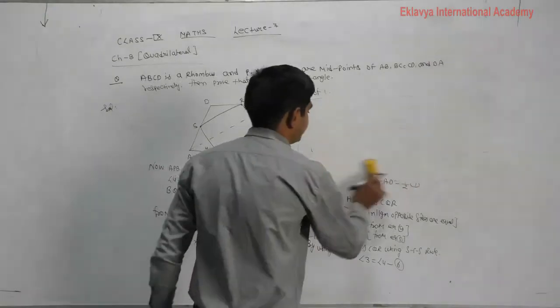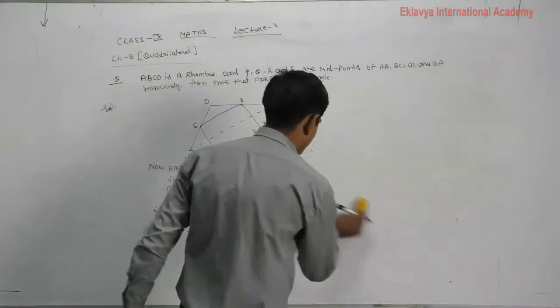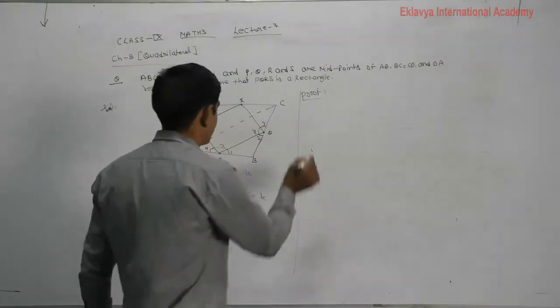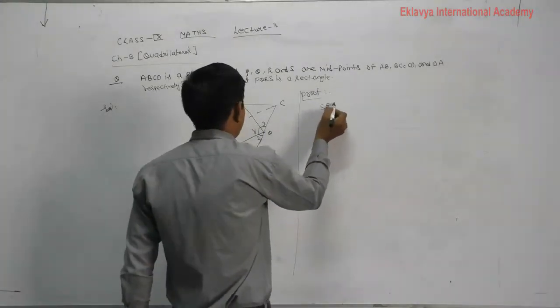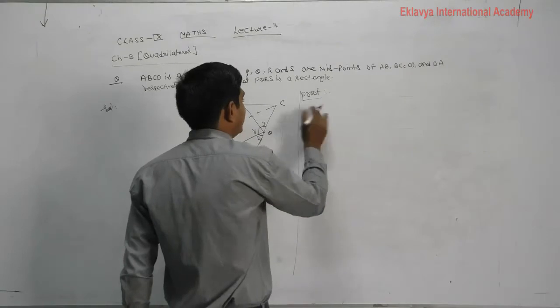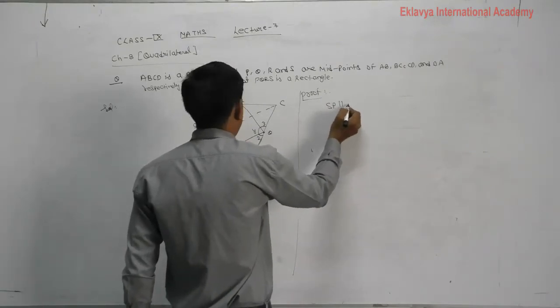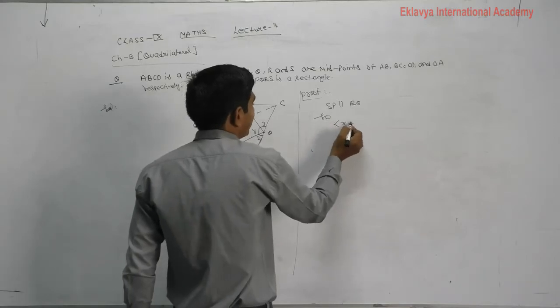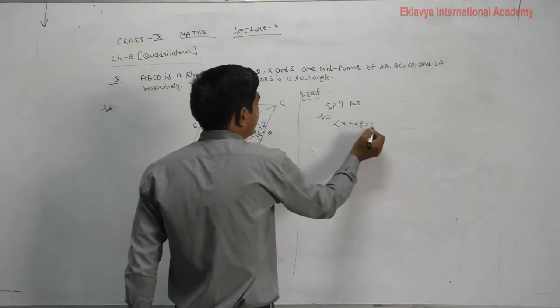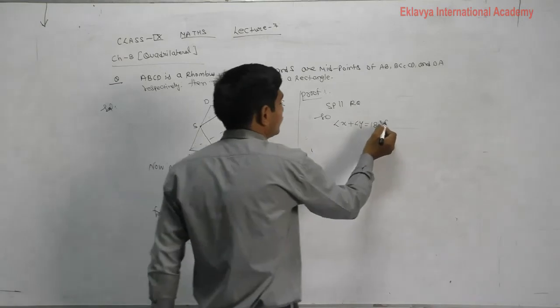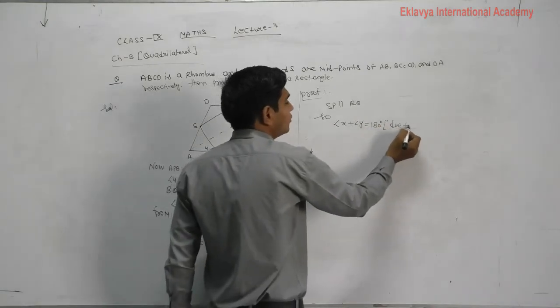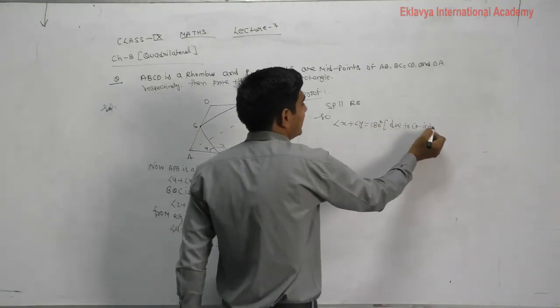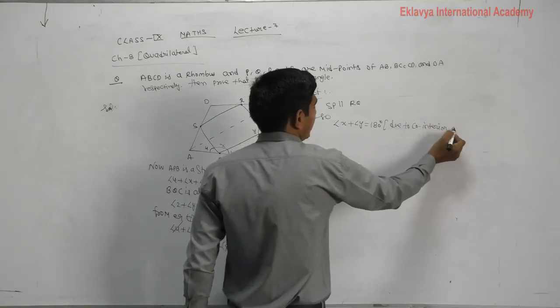After that, SP is parallel to RQ. So angle x plus angle y is equal to 180 due to co-interior angle.